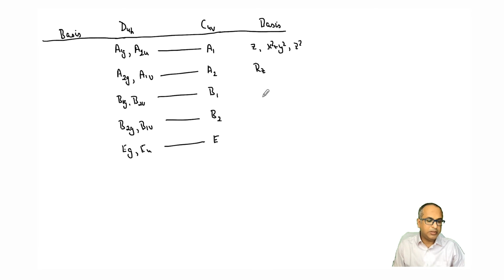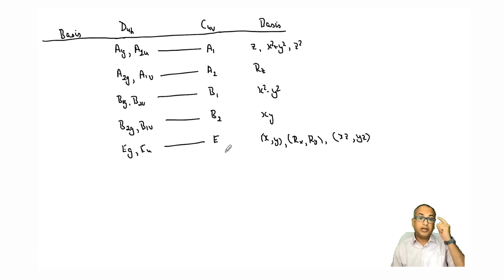RZ has A2 as the basis, then X square minus Y square, then XY, then X comma Y, Rx, Ry, and XZ, YZ, right? So now let's also look at the bases under A1G and A2U combined here, because both of them are correlating with A1.